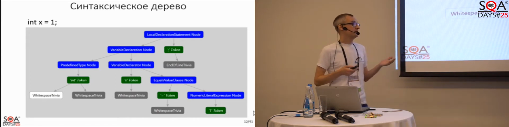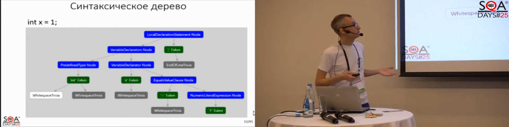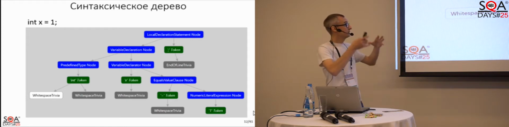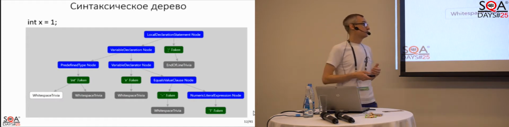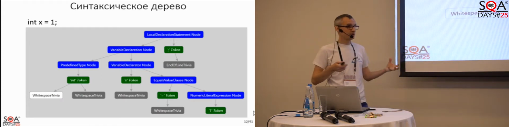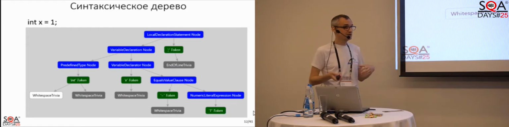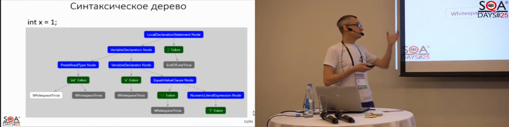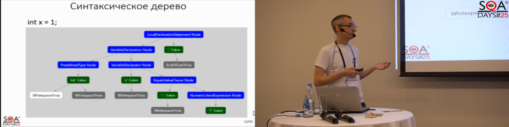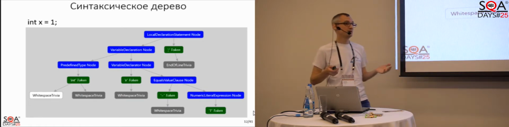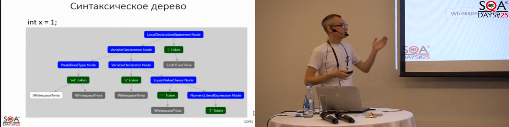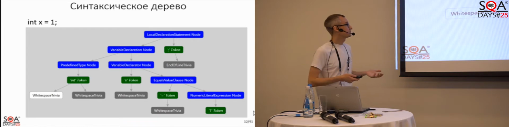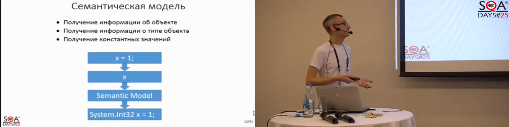We can go up in the tree and see what kind of x it is. We can see that it's simply part of the declarator, which is a bigger part of something bigger. And we can see the standard relations here, like a pattern. We can walk around this tree. Roslyn gives us possibilities, methods, and classes for this. Yes, we're moving around the tree, trying to understand what's happening.